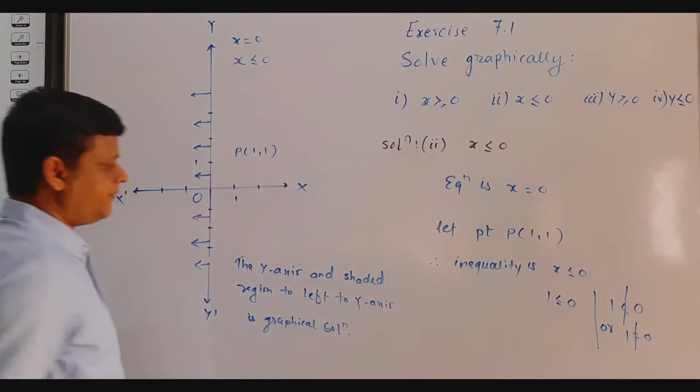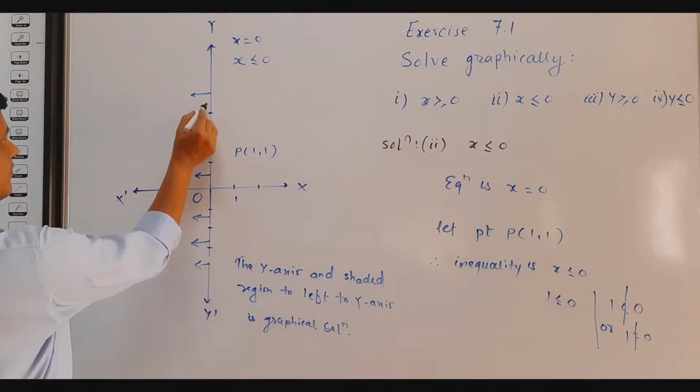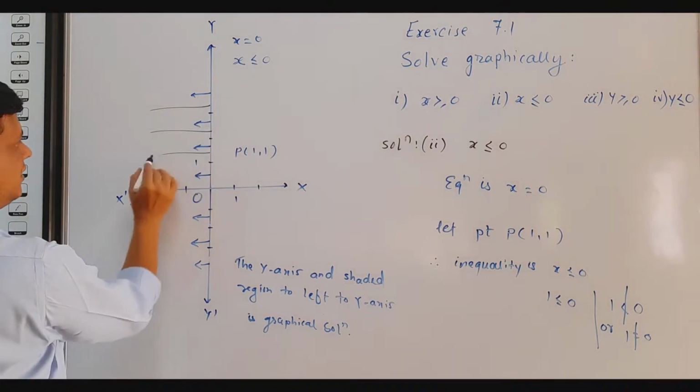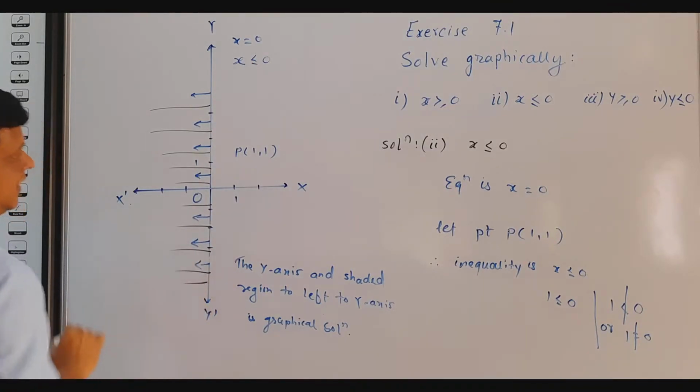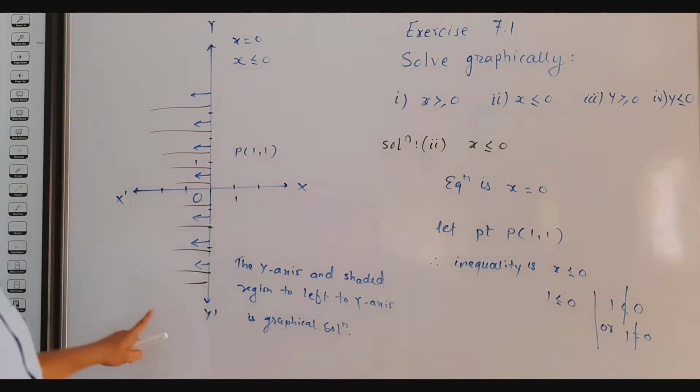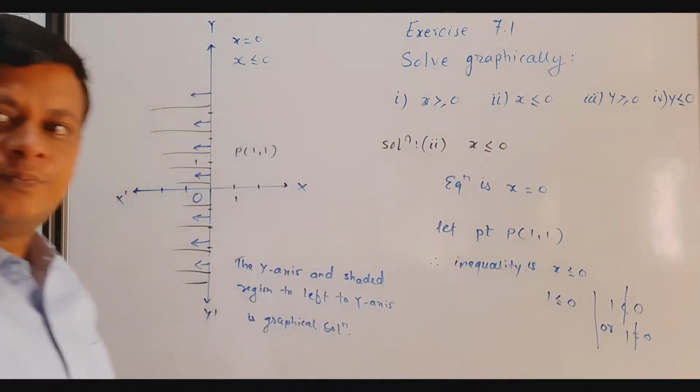So in this way you can extend this arrow or you can mark here in this way also, as we do in class. So this is the graphical solution for the inequality x less or equal to 0.